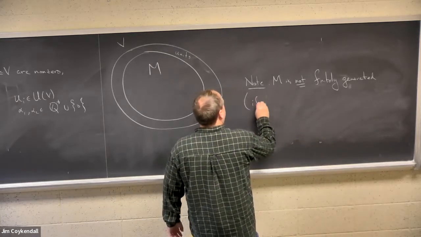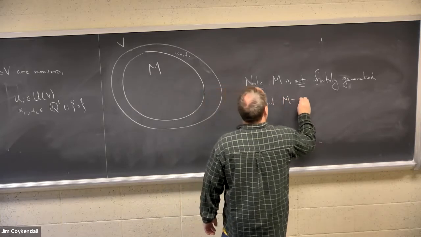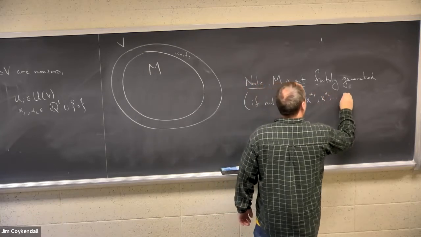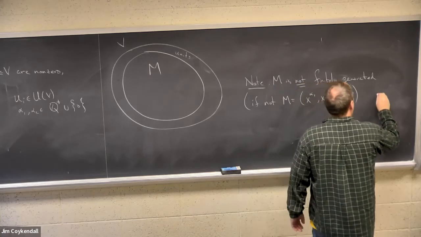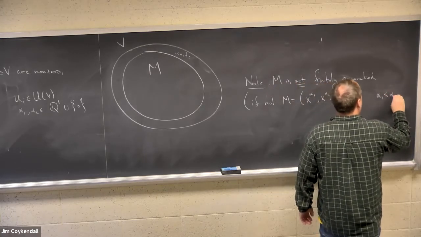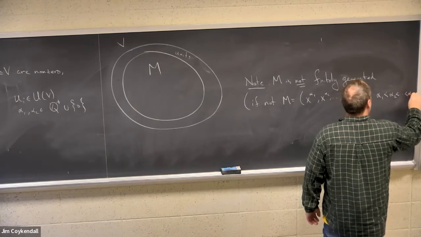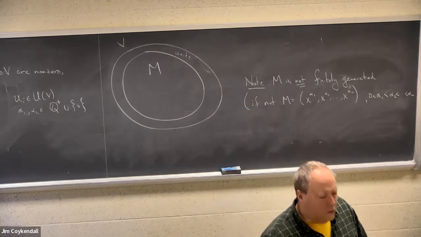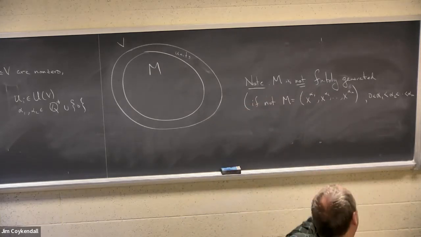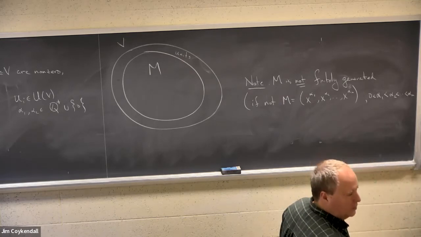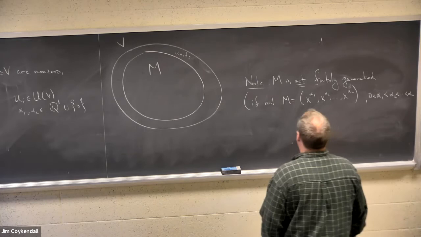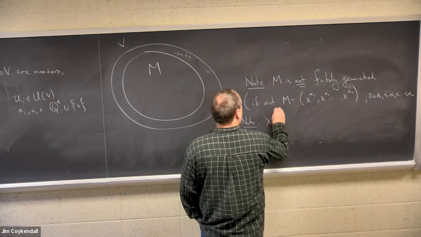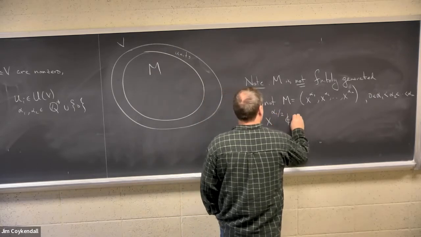Suppose, if not, M is generated by x^alpha_1, x^alpha_2, up to x^alpha_n, with alpha_1, alpha_2, ..., alpha_n greater than 0. You can show this because any generator that you pick is one of these things up to a unit, right? But note, x^(alpha_1/2) is not in M.